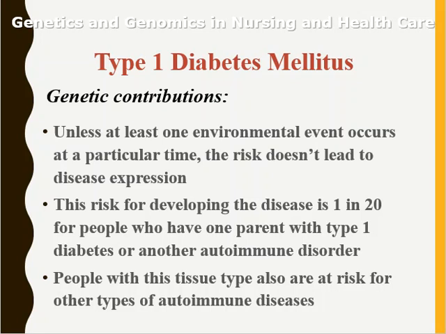Like they say, if you have one autoimmune disorder, you're at risk for other autoimmune disorders. You're more at risk than the general population of getting another autoimmune disorder such as diabetes. So people with this tissue type are also at risk for other types of autoimmune diseases. So if you have diabetes type 1, then they need to understand what signs and symptoms are for other autoimmune disorders that they have an increased risk for.